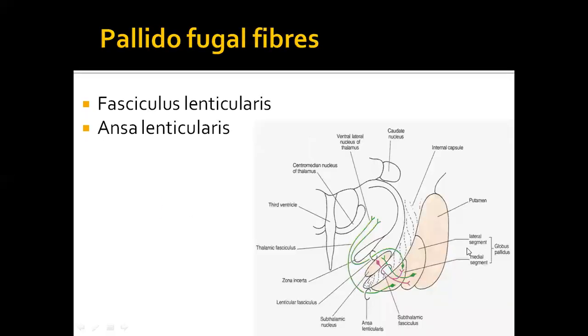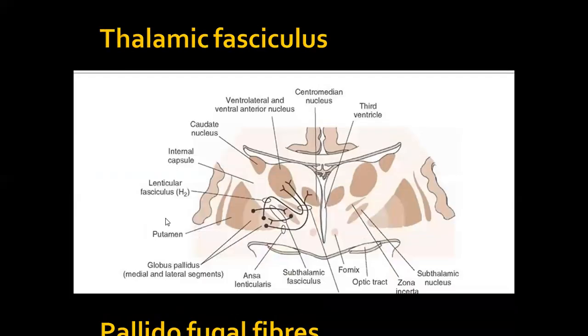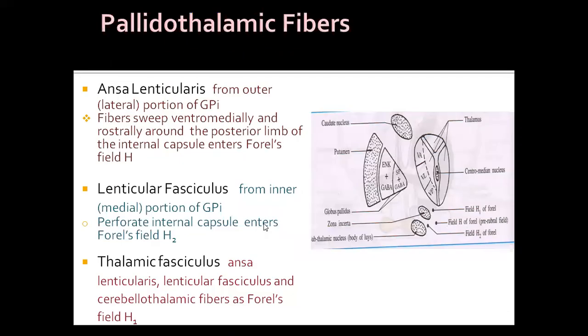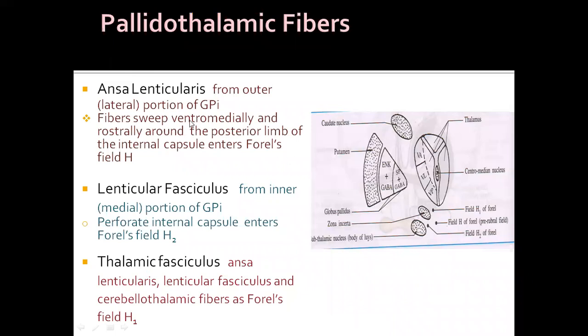Then pallidofugal fibers. We have the fasciculus lenticularis and ansa lenticularis, coming from the globus pallidus to the lenticular nucleus. So thalamic fasciculus is nothing but the thalamic bundle, which you can see here. Then pallidothalamic fibers: we have ansa lenticularis from the outer lateral portion of the globus pallidus.